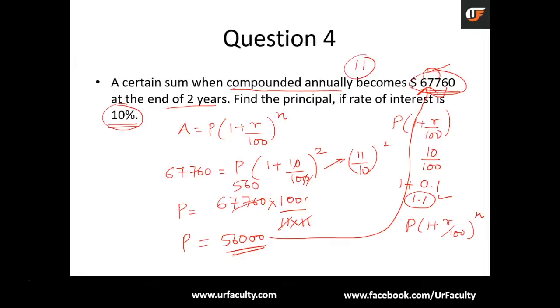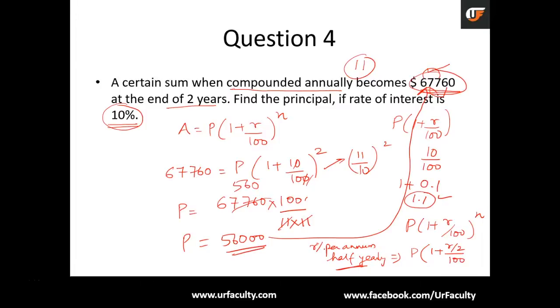What if they say the rate of interest is per annum, but compounded half yearly? What happens to our equation? Your rate of interest becomes half.